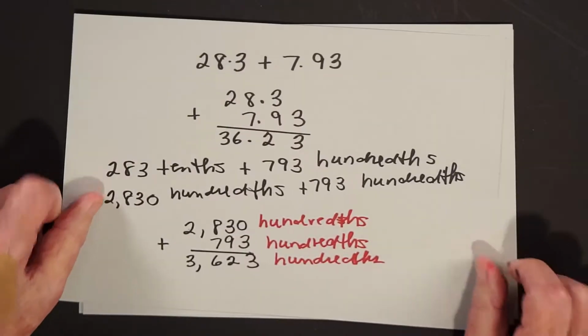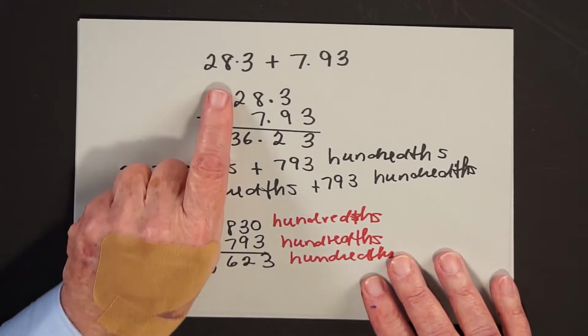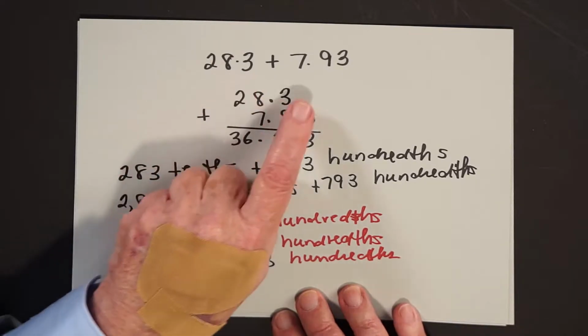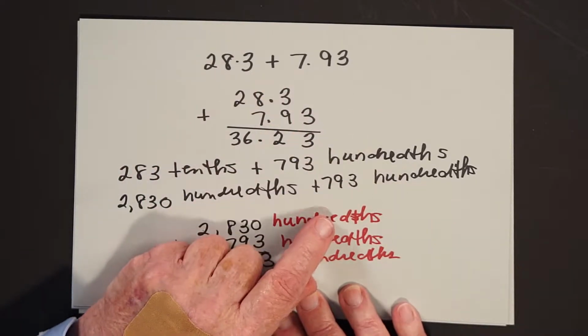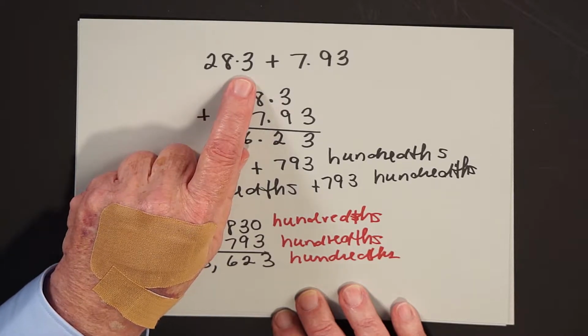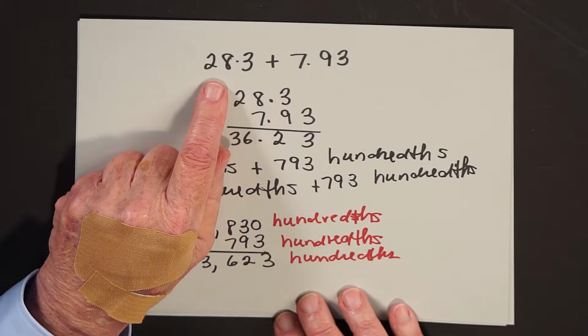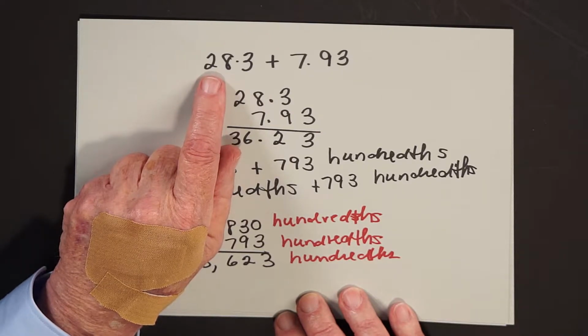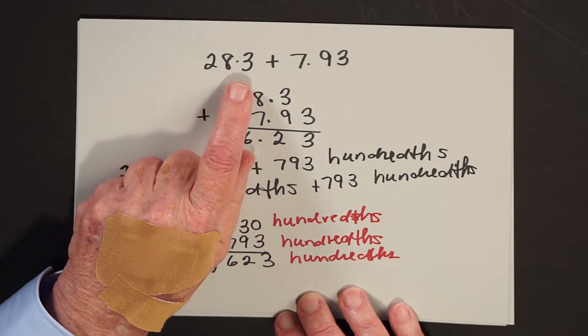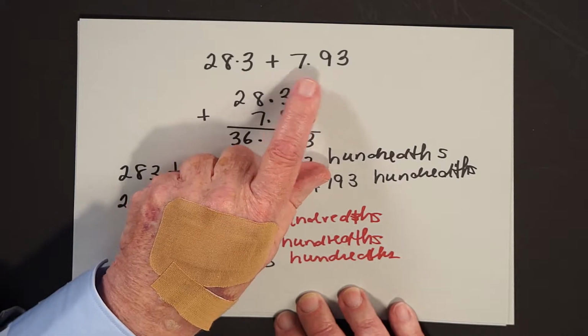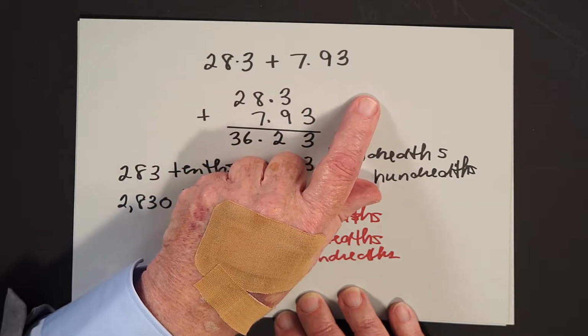Let me take as a case in point a problem such as this. You're asked to add 28.3 and 7.93. By the way, I'll keep saying 28.3 and 7.93 for brevity. I hope you'll emphasize to your students to read these numbers as 28 and 3/10, 7 and 93 hundredths.